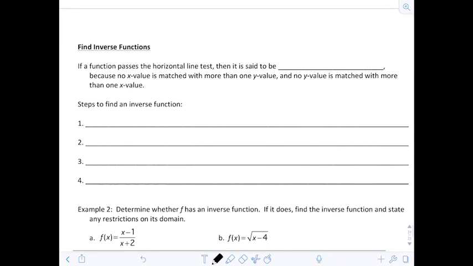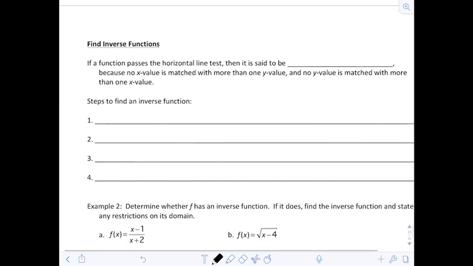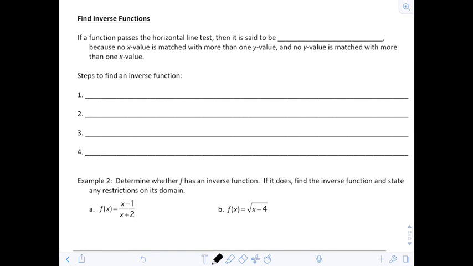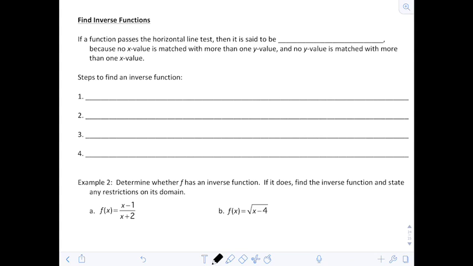Okay, now that was good for looking at graphs, horizontal line test, ordered pairs. Now let's look at the algebra. Finding inverse functions. If a function passes the horizontal line test, then it is said to be, and you've heard this term before I'm sure, 1 to 1.